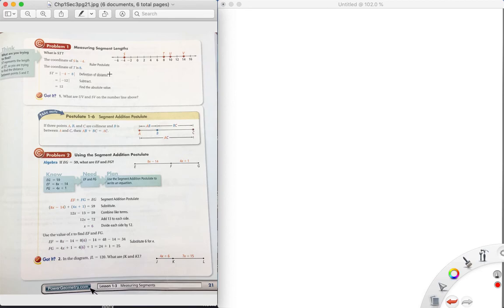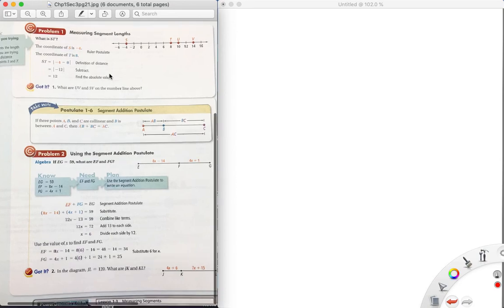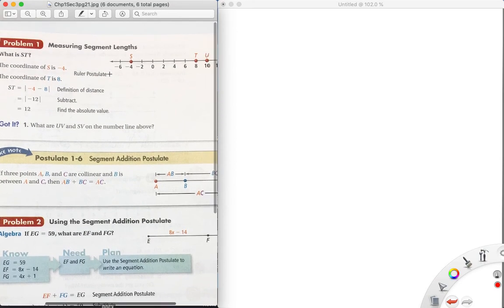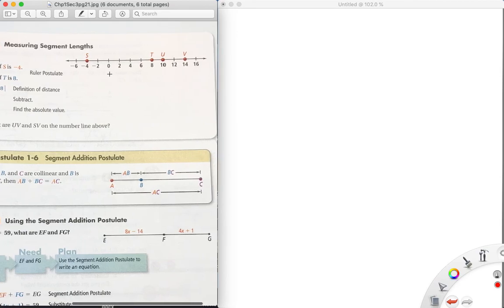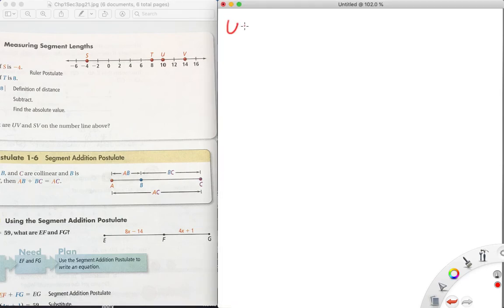They give us an example here. They want to know what the distance is between UV and SV. So U is equal to 10. V is equal to 14. And S is equal to -4.